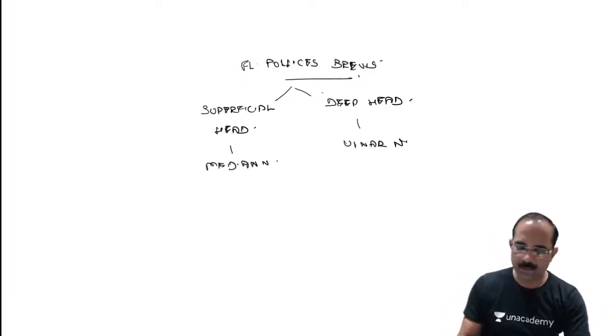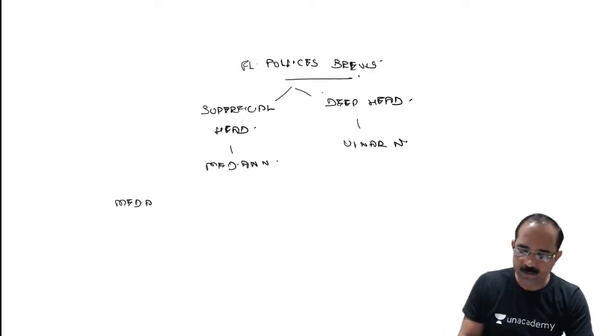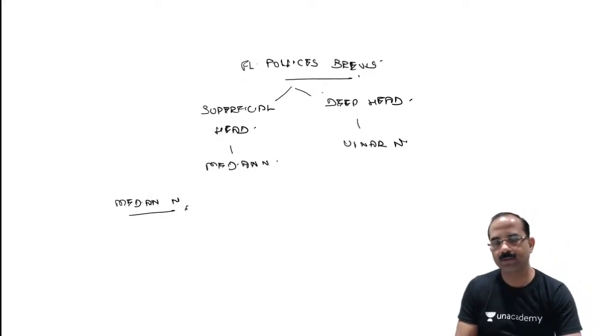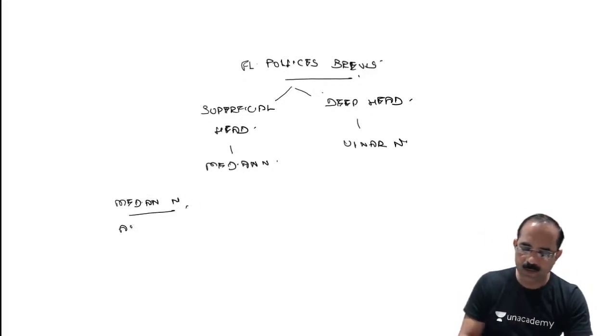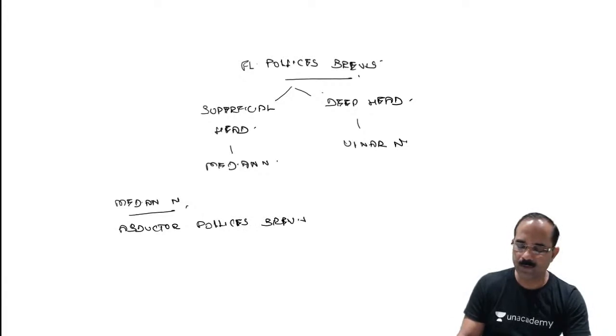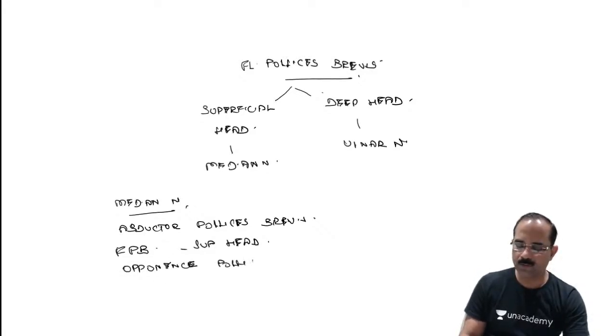So which are the muscles supplied by median nerve in the hand? Median nerve in the hand, after it passes through the carpal tunnel: one is the abductor pollicis brevis, flexor pollicis brevis, superficial head, opponens pollicis, first and second lumbricals.